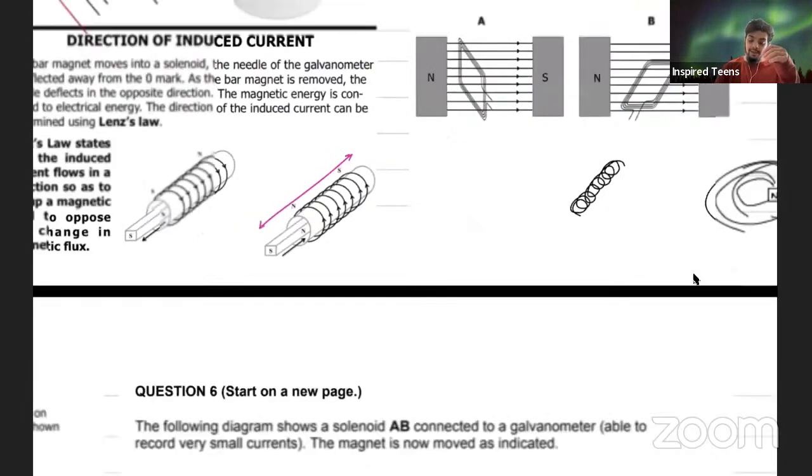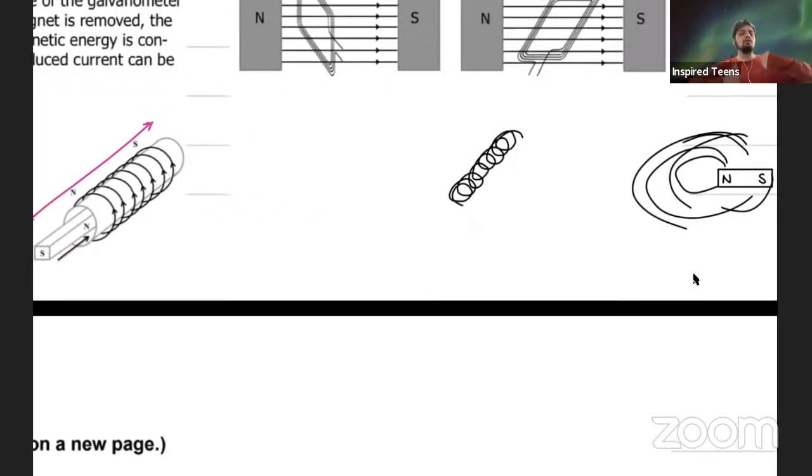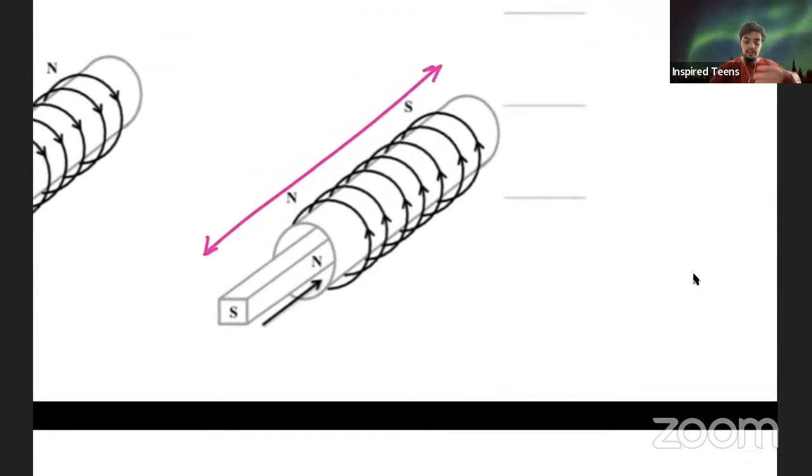Remember we said magnetic flux linkage is the amount of magnetic field lines that cross the area of the conductor. In this case, let's define it in terms of the solenoid. The magnetic flux in this specific case is the amount of magnetic field lines that cross the solenoid. So a change in magnetic flux would mean a constant change in the number of magnetic field lines touching the solenoid.